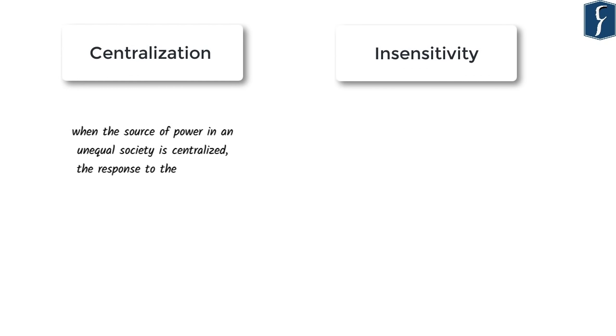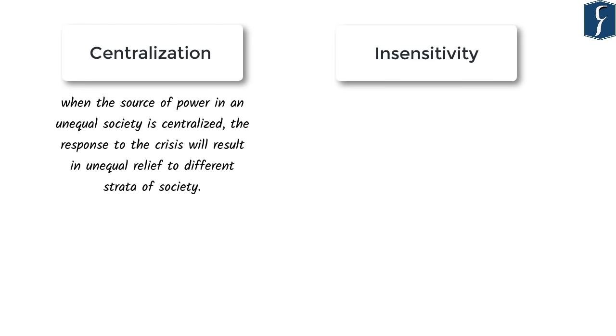The author says, when the source of power in an unequal society is centralized, the response to the crisis will result in unequal relief to different strata of society. The response will be tilted towards those who have greater voice. So, the more unequal the society, the more decentralized the response should be.